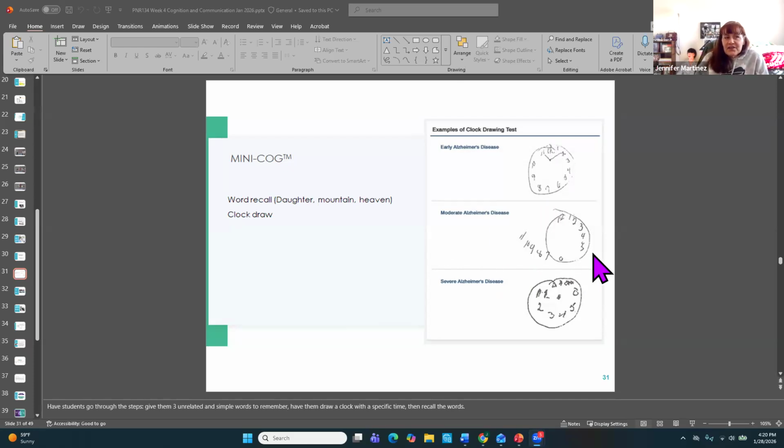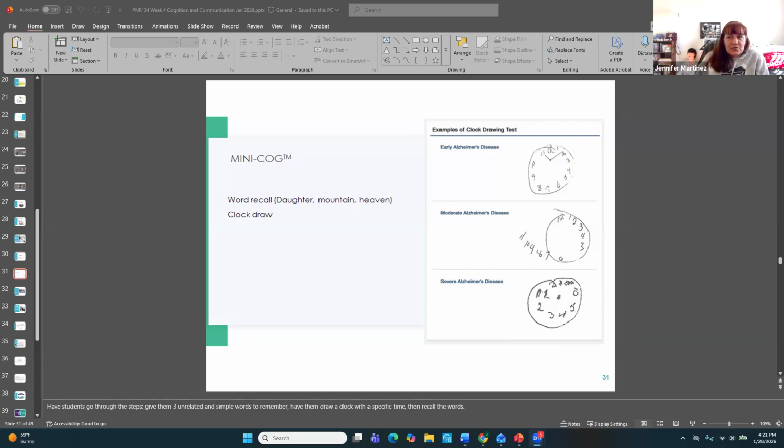In moderate, you can see we started off not too bad, but kind of went off a little bit. And then in severe Alzheimer's, you can see we're nowhere, right? It's a completely progressive downgrade. That is one part of the test, to have them draw that clock.